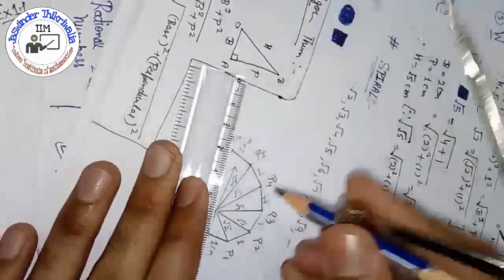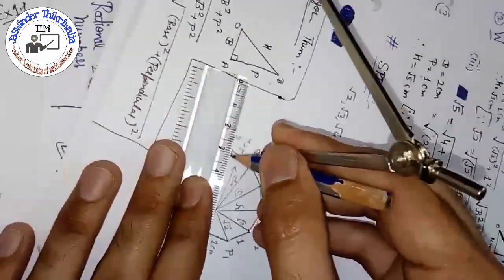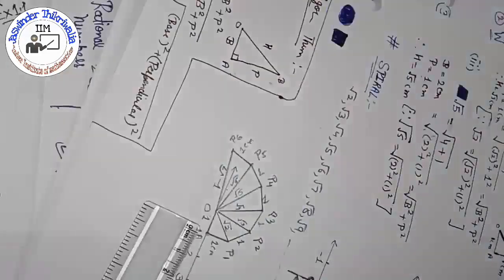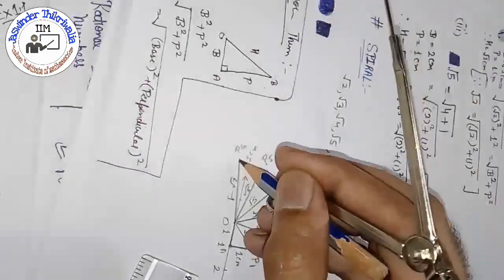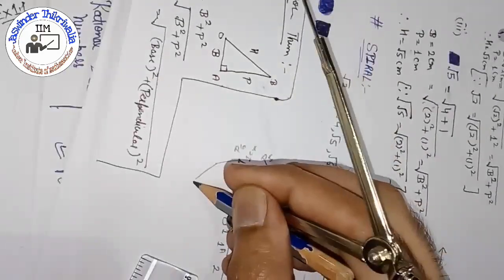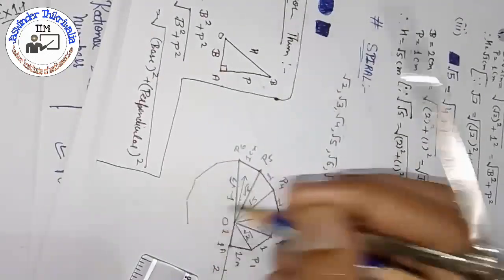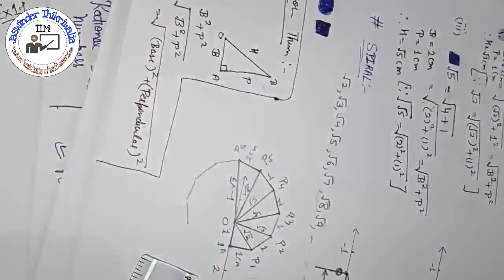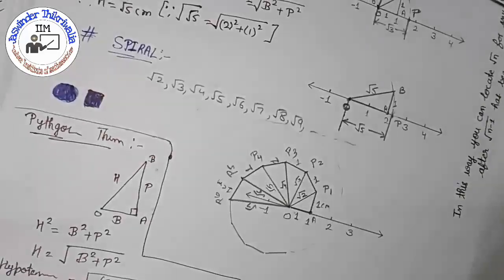Join it with O. Okay, this will be your under root 7. Okay, my dear. So now like this way, you can make this a spiral. This continuous spiral will be like this way. You can draw it yourself. Okay, so now this is your task for today.